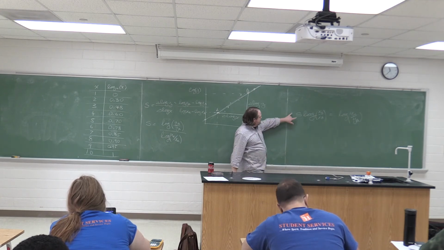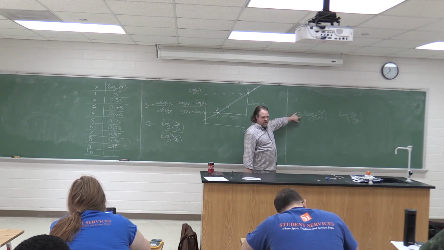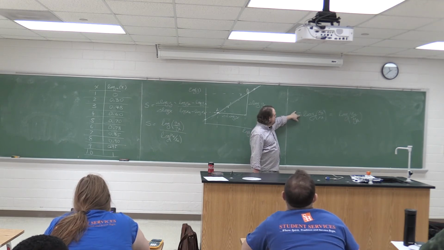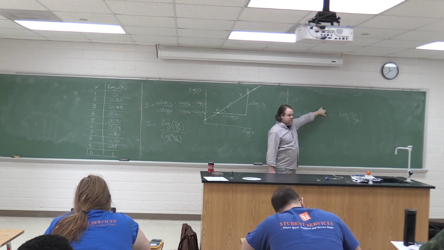Now we can do something else. This S, you see the S sitting out in front of the log? What's the operation I can perform? We usually think of it the other way, but I can go both ways. If the S is out in front, what can I do? Can I raise it up there?